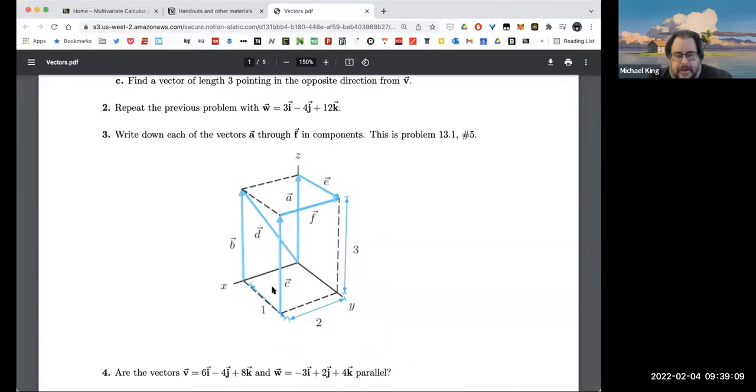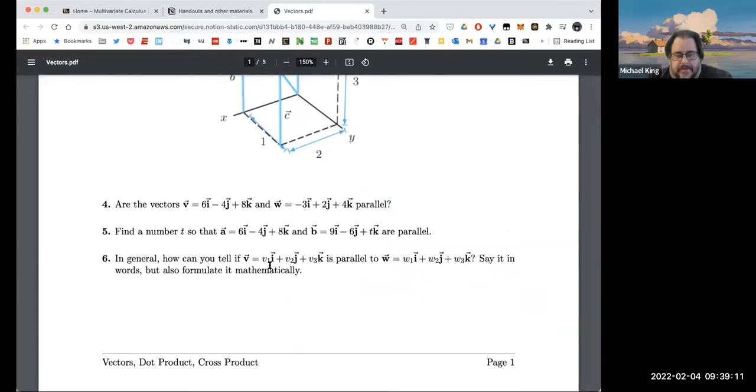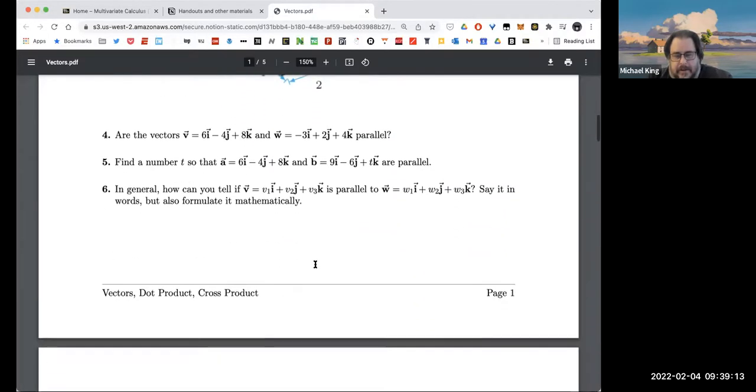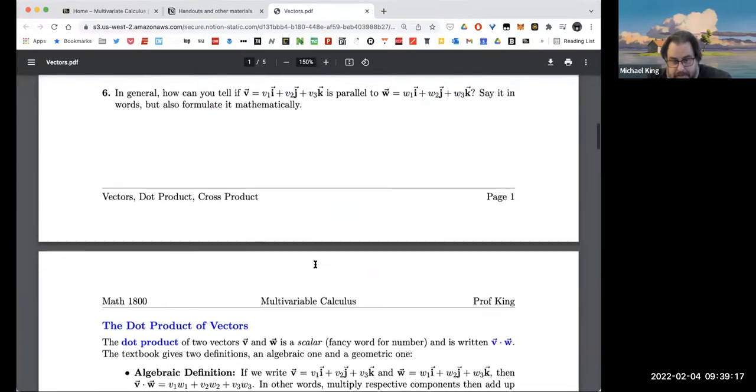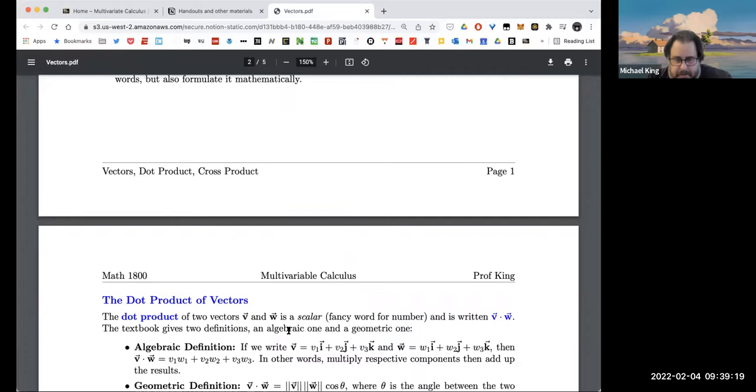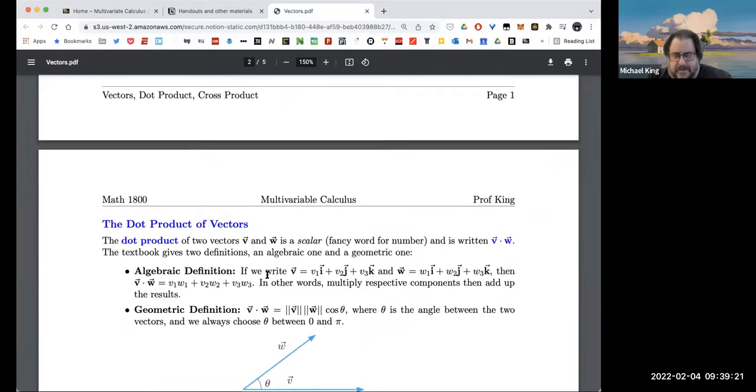This is a problem from the book I kind of liked, and some stuff here about how you tell if vectors are parallel. I just want you guys to work on these problems, and we can start from page 2 next week, which is the dot product. You can read section 13.3 if you want to read ahead. I'll post that too.